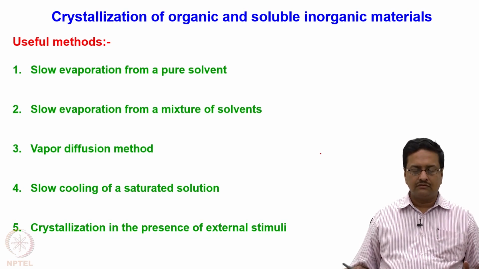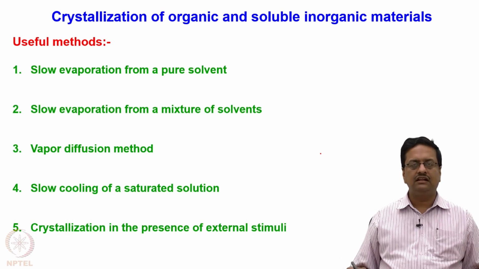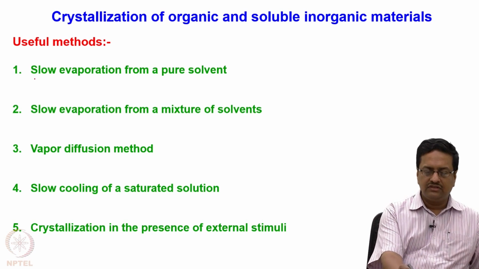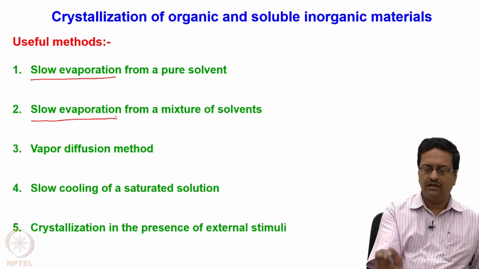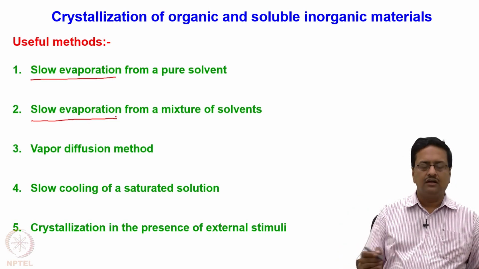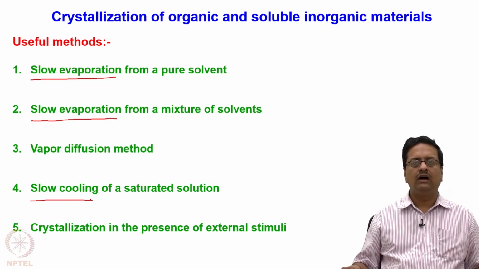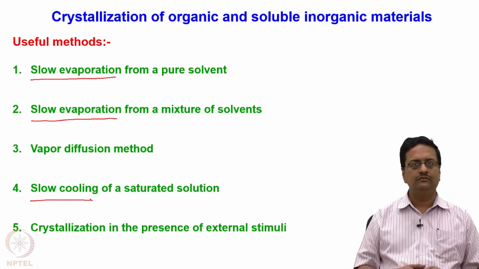Mostly there are 4 to 5 different ways one can crystallize these materials. You will see here that in all the cases we have a slow evaporation or a slow cooling. Why do we need to make the process slow?